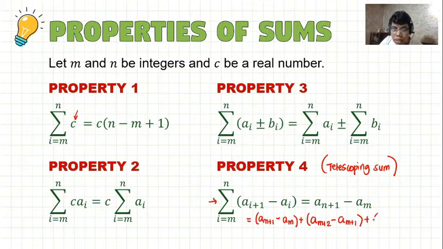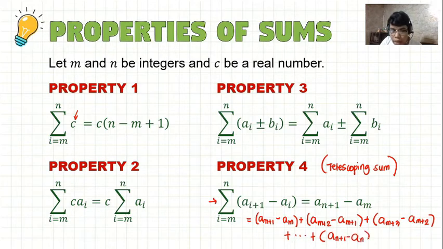Plus a sub m plus 2 is the next, plus 1, so plus 3, minus a sub m plus 2, plus, until, okay, plus n. n is the last. So you have a sub n plus 1. So you just substitute n plus 1 here. Then minus a sub n.